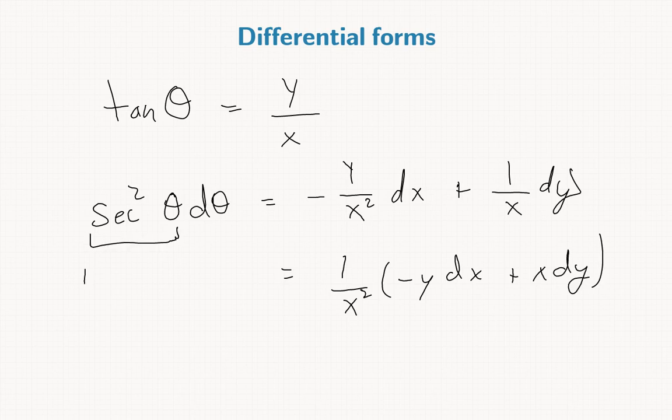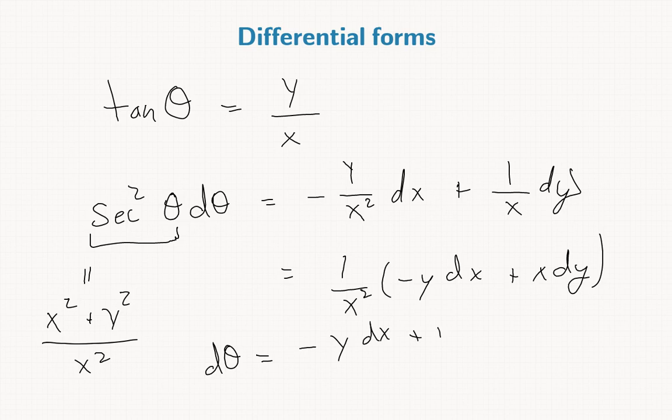And from what we just saw, sec squared theta is equal to x squared plus y squared over x squared. So we get that d theta is negative y dx plus x dy all over x squared plus y squared.